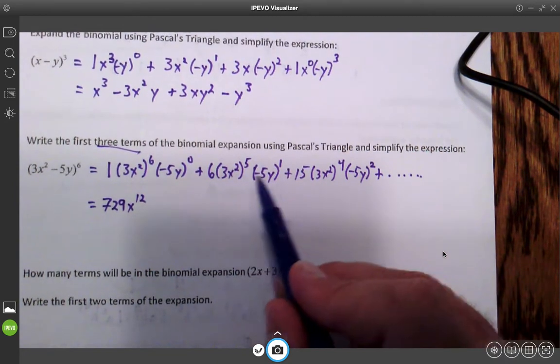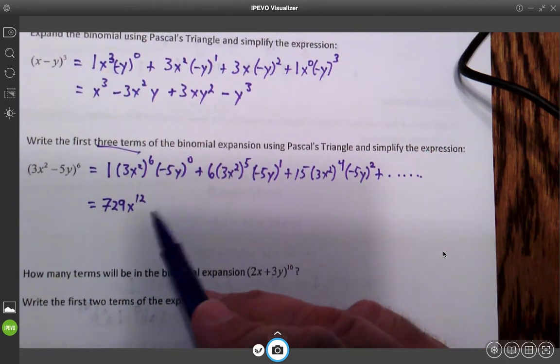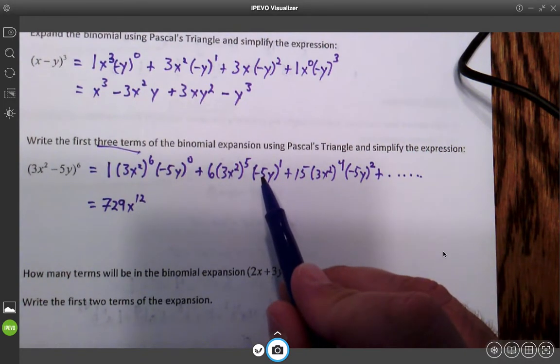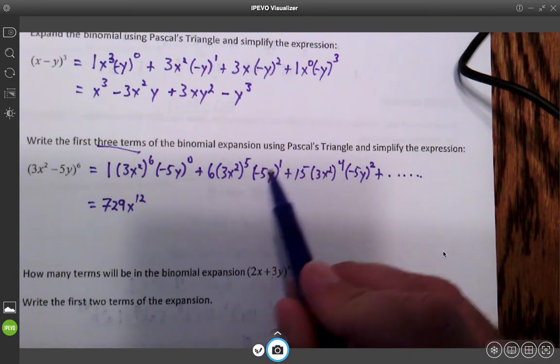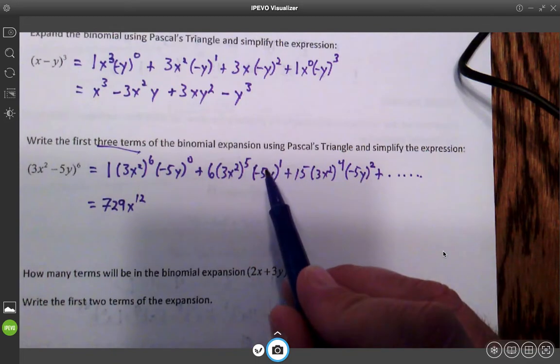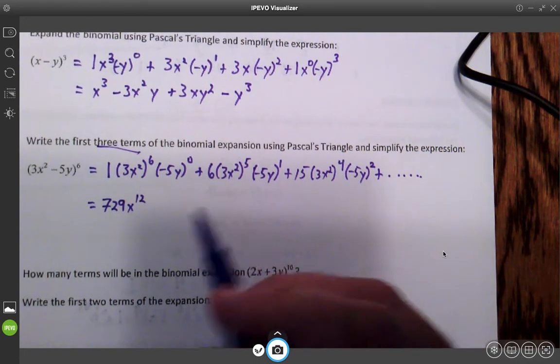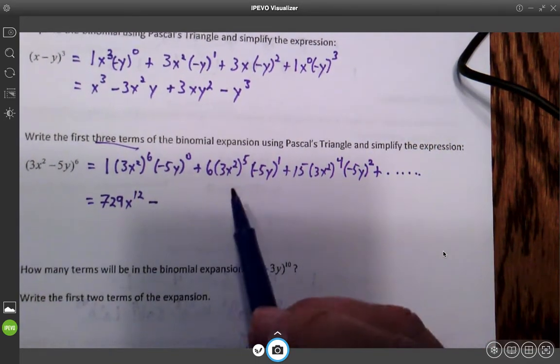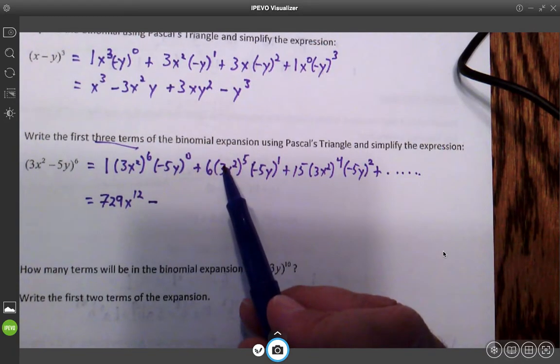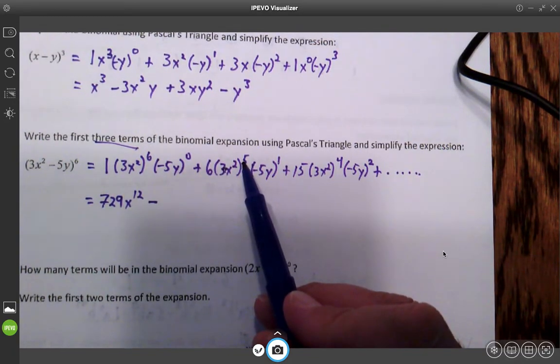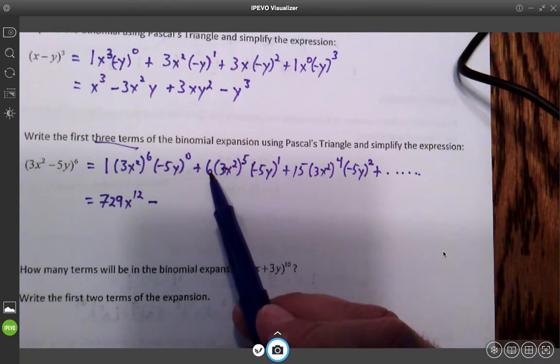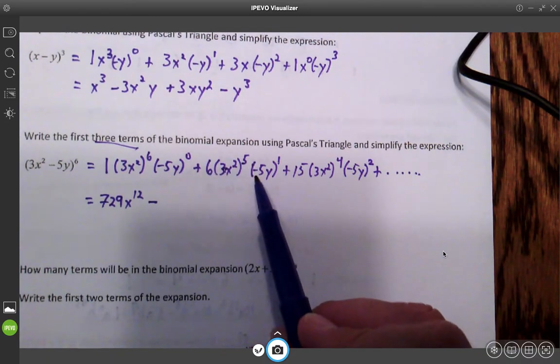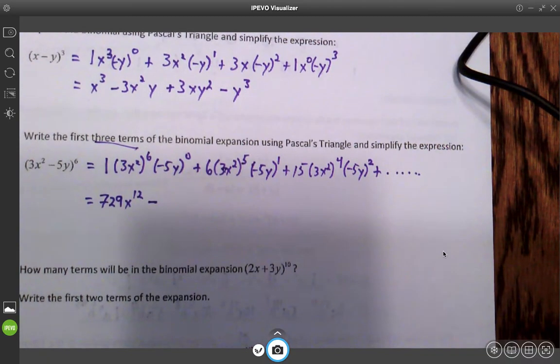Then we go here. Okay, and I'm not going to put a plus sign because I see a negative 5 to the first power, negative 5y to the first power. So I know this is going to be negative, so minus. Now, I have to take 3 to the 5th first, then times 6, then times negative 5. So 3 to the 5th is 243.